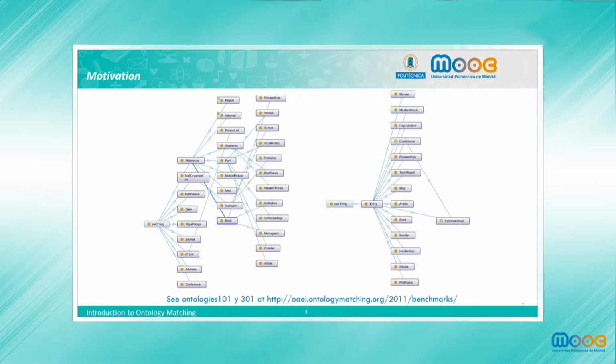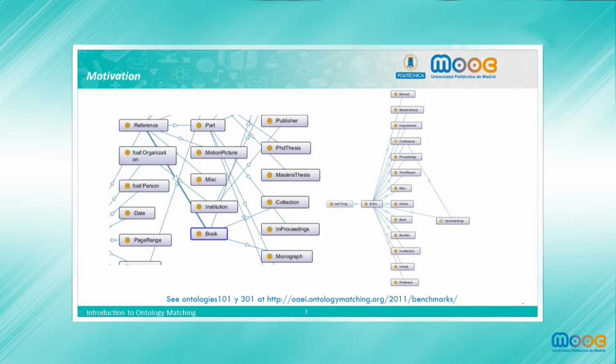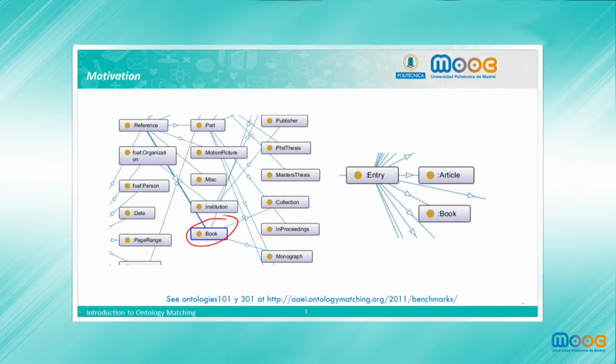If we examine the ontology on the left and see how they have defined the class book as a subclass of reference and a superclass of other classes like collection or monograph, and compare also with the ontology on the right, which is a flat taxonomy, and book is merely described as a subclass of entry, we see the remarkable differences between both of them.